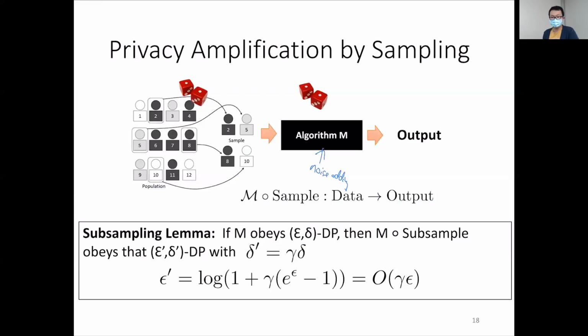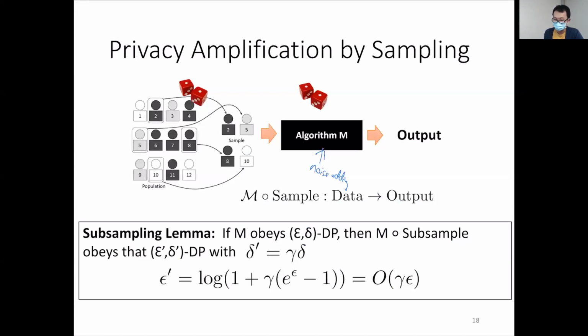Only when this additional data point happens to be part of the mini batch that we choose will there be privacy loss incurred. Otherwise the conditional privacy loss random variable is a singleton supported at 0. Okay, so that can be formalized by this lemma, whose proof I skipped, which says that if you have an algorithm M, before you apply this DP algorithm M, you first sample your data set.